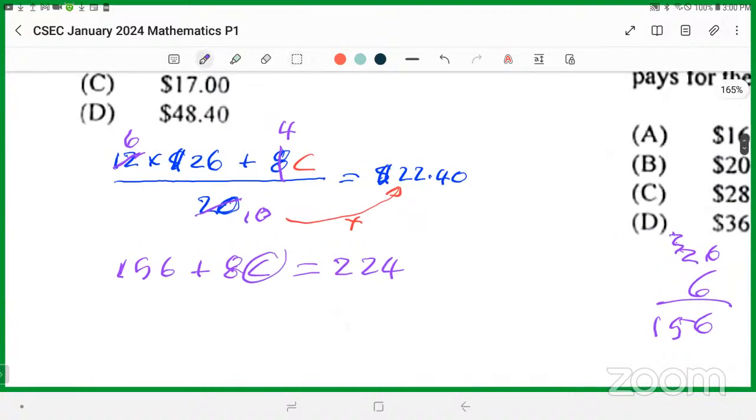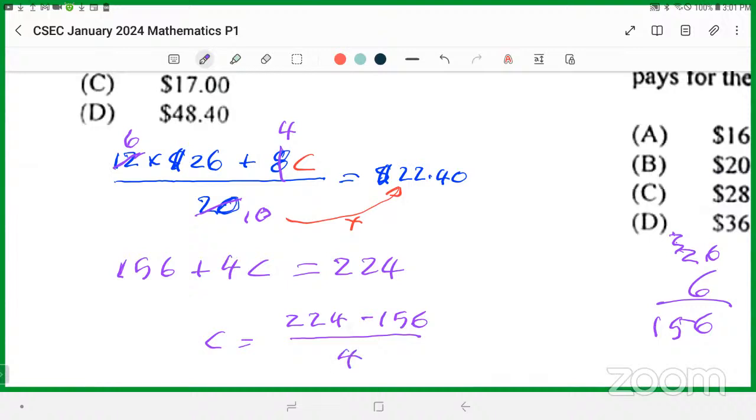So to make C the subject down here now, C becomes equal to this figure minus this figure, which is 224 minus 156. It's supposed to be a 4 right here. This is 4C, not 8C. And I divide this by 4.